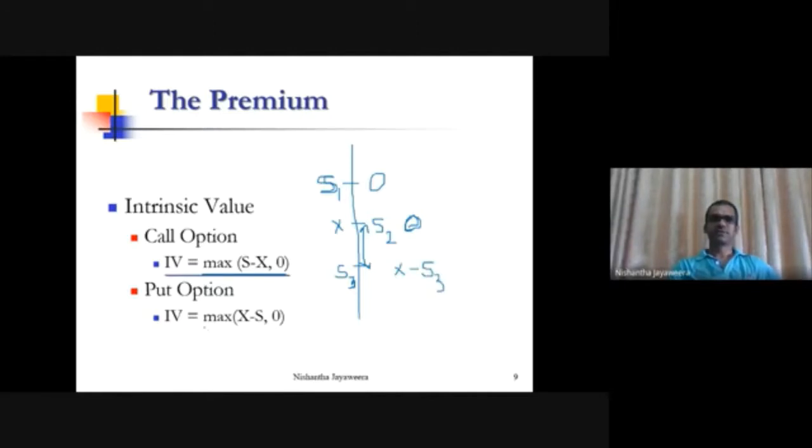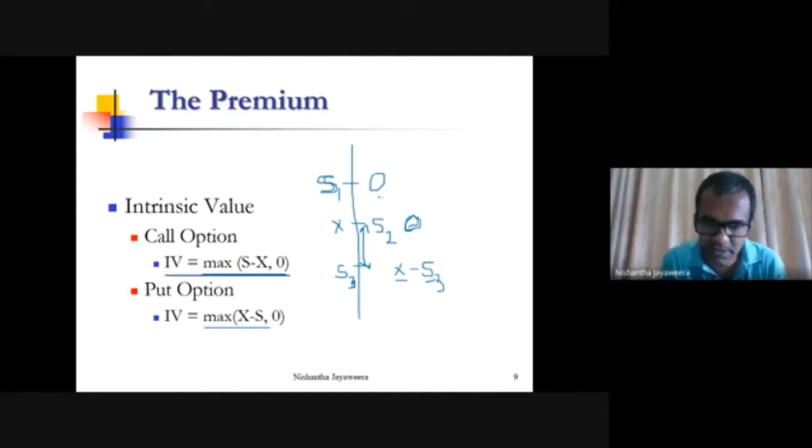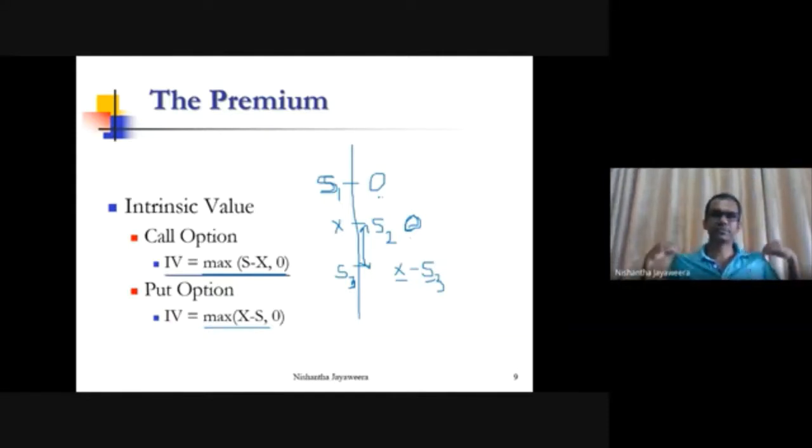So that's what is given here. Either you get the strike minus spot, or 0. It will never be negative. Your payoff will not be negative. Is it clear?